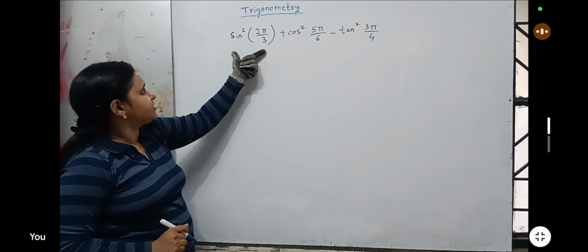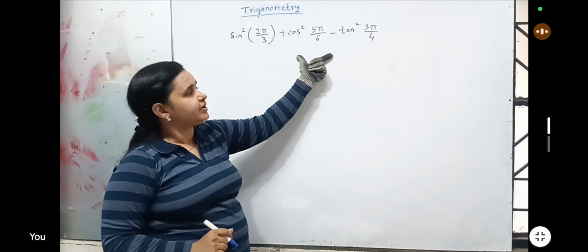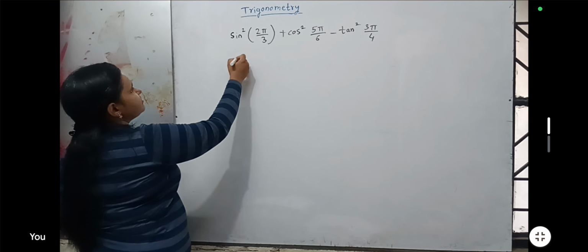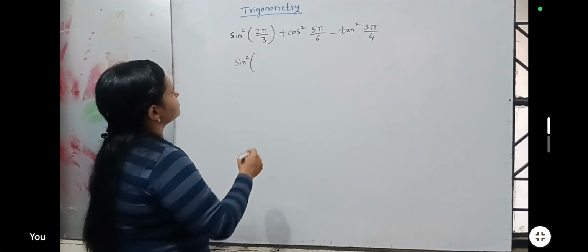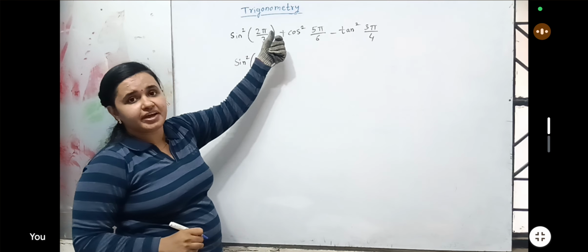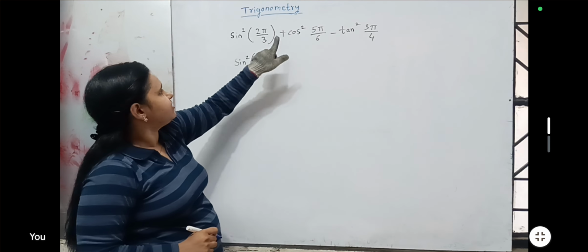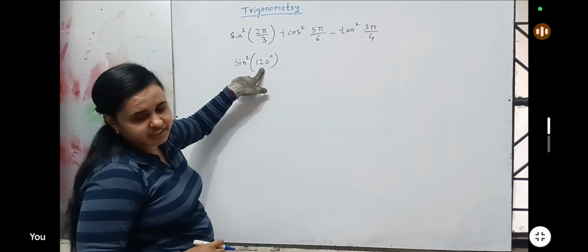Now our next question is sin square 2 pi by 3 plus cos square 5 pi by 6 minus tan square 3 pi by 4. Now 2 pi by 3, we have to convert it in degrees, and by multiplying by 180 upon pi, we can convert it in degrees.